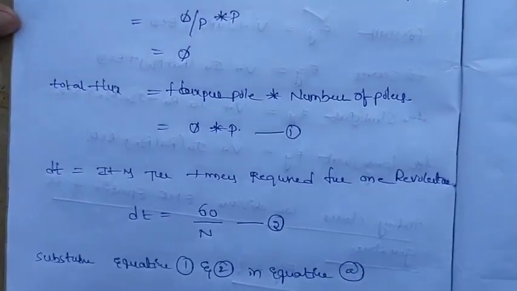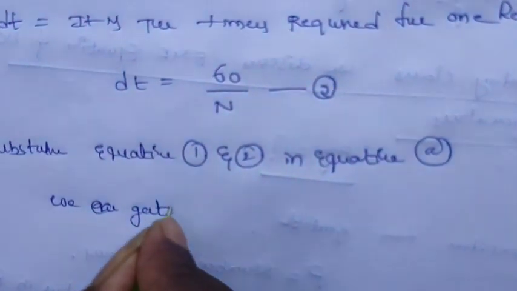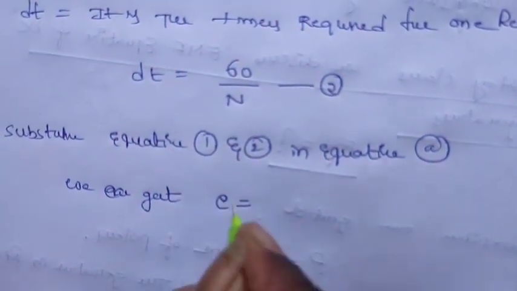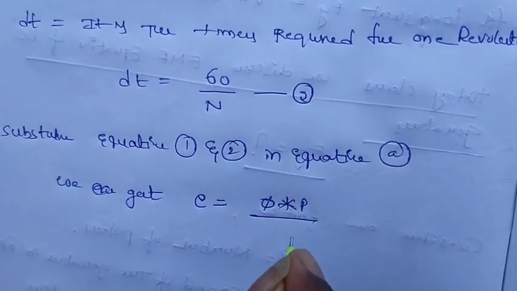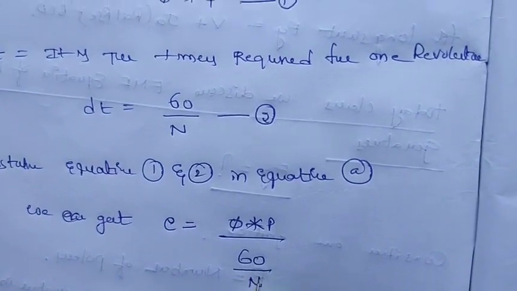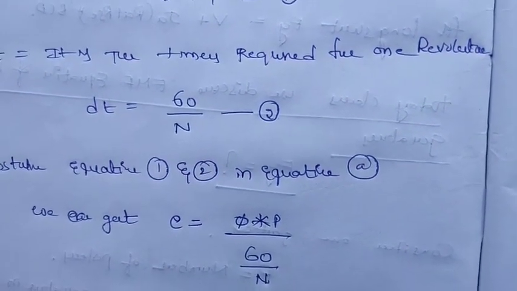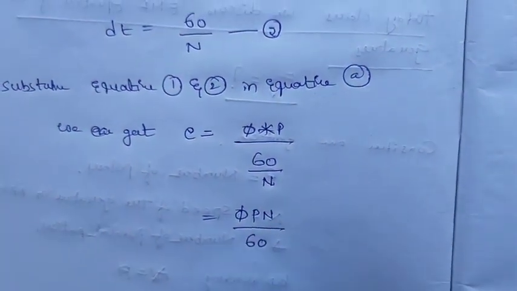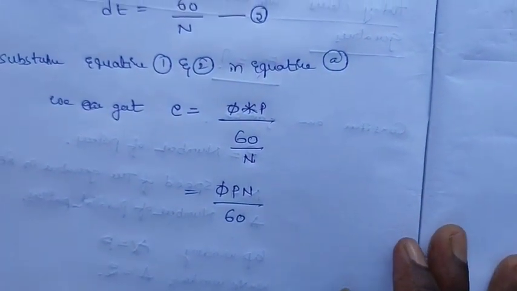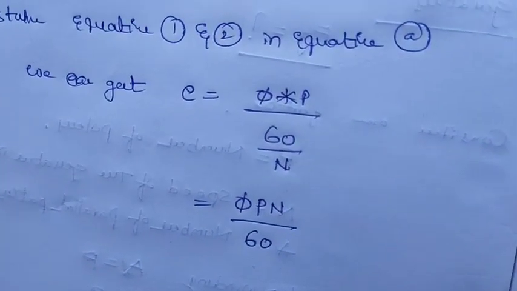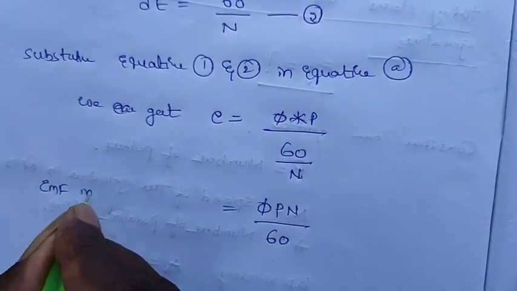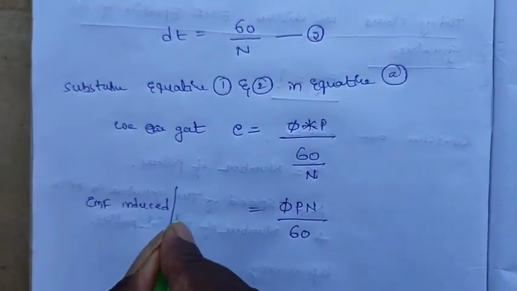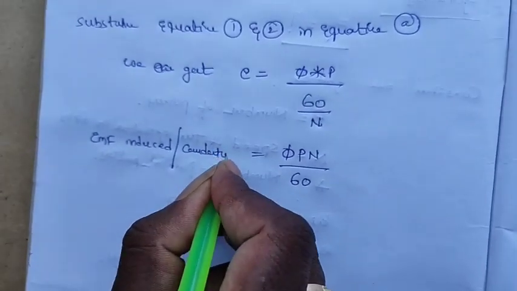We can get induced EMF equal to dφ by dt, that is φ into P divided by 60 by N, that is φPN divided by 60. So this is the EMF induced per conductor.